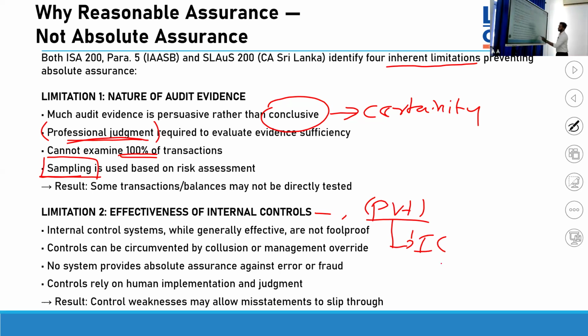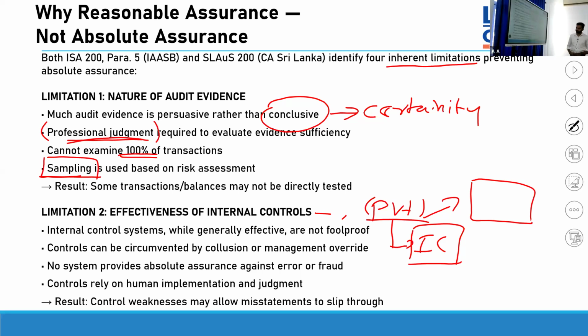So if as an auditor you are going to audit such a company, you won't be able to test the internal controls.